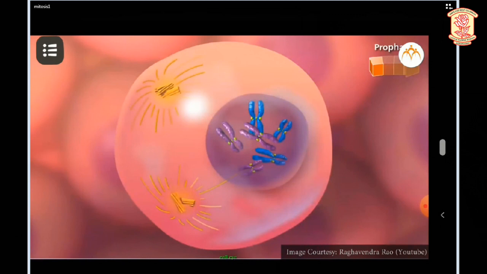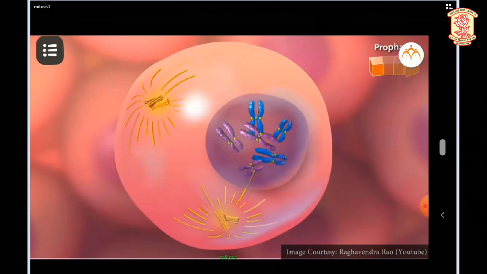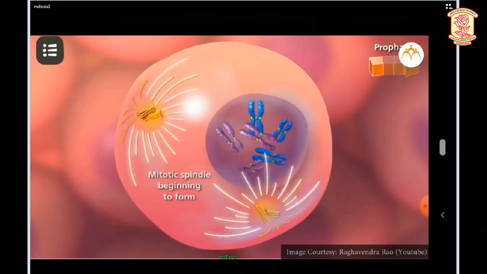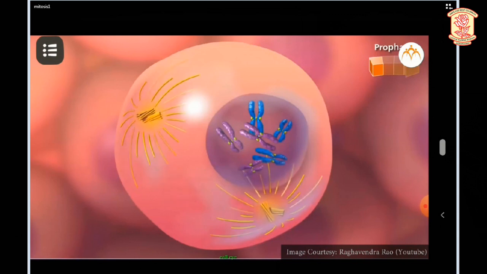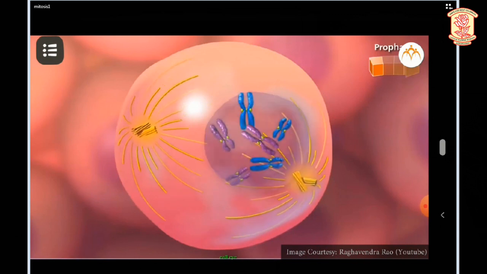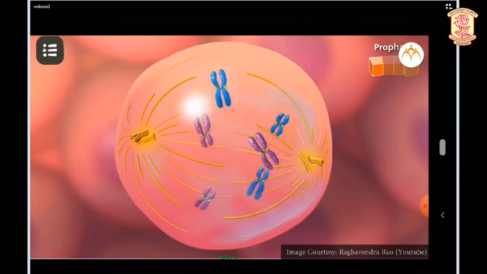The chromatin material starts becoming thicker and shorter due to the coiling and loss of water. Each chromosome is duplicating and appearing in the form of sister chromatids joined at a point called the centromere, which remains attached to a common point called the centrosome.